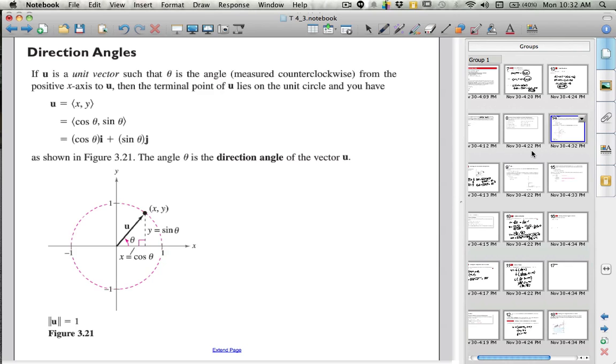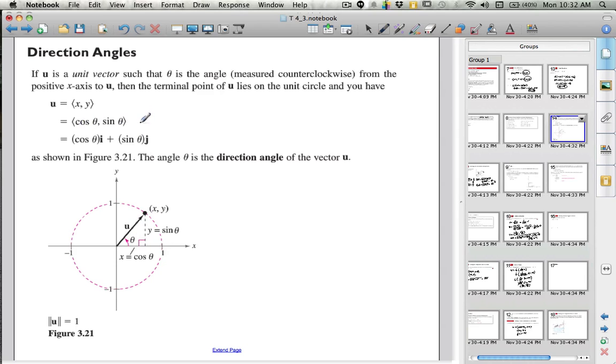If we want to find direction angles, when I know the terminal side, if u is a unit vector, so we're back to like the unit circle. It's a unit vector, so this is a vector with a magnitude of 1. That's making a circle with a radius of 1, just like the unit circle.